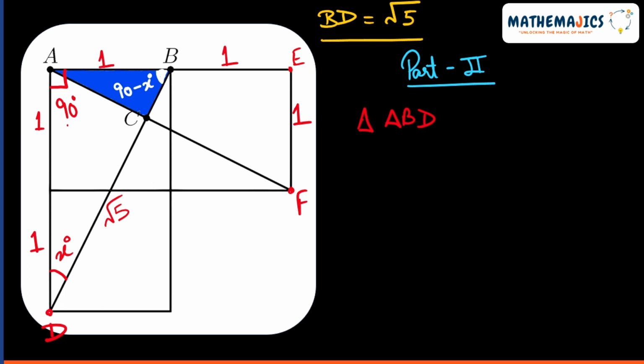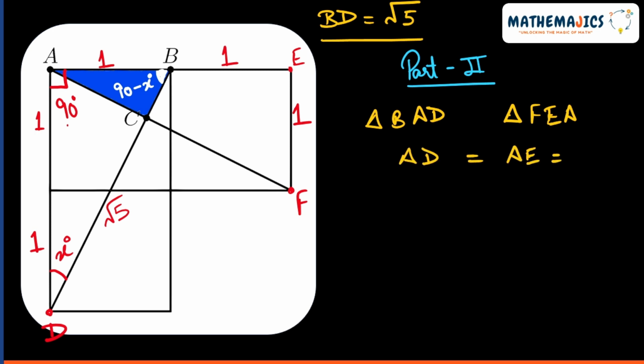Correct? After this, we will be looking at 2 triangles together: triangle BAD and triangle FEA. In these 2 triangles, I can see AD is equal to AE, both are 2 units each. Also, angle DAE is equal to angle AEF, both are 90 degrees each, corner angles of squares.